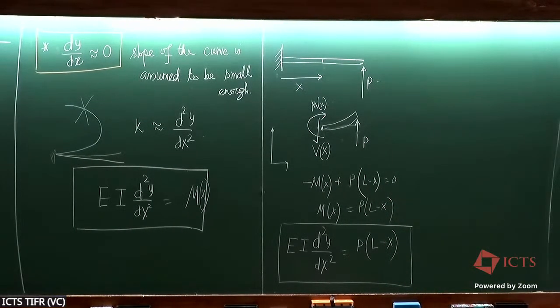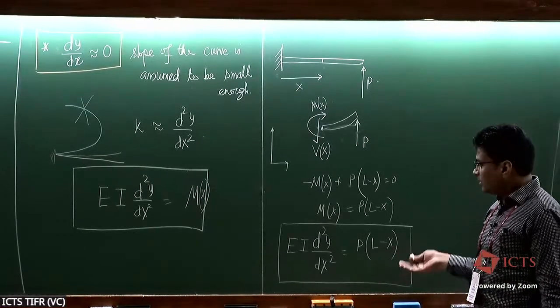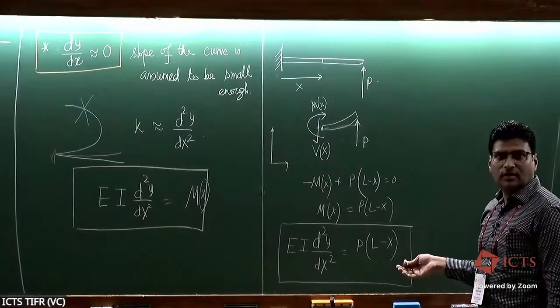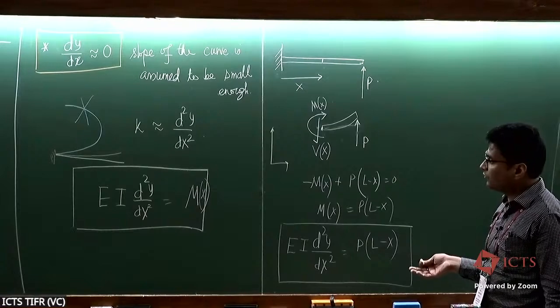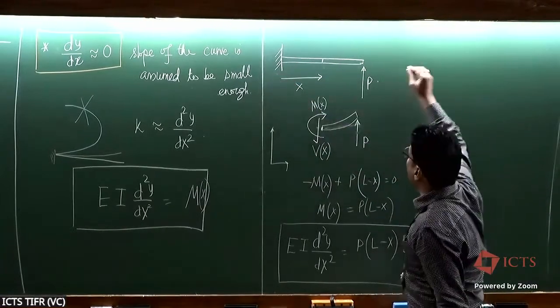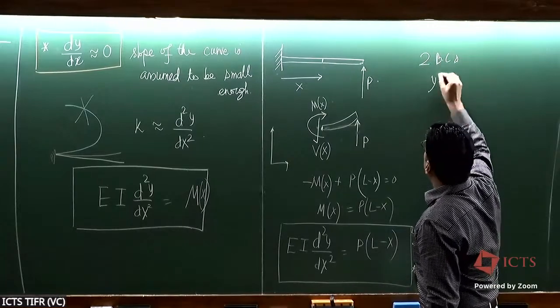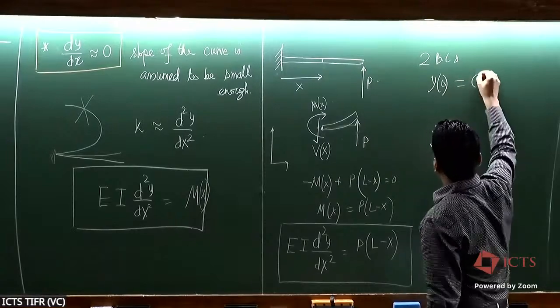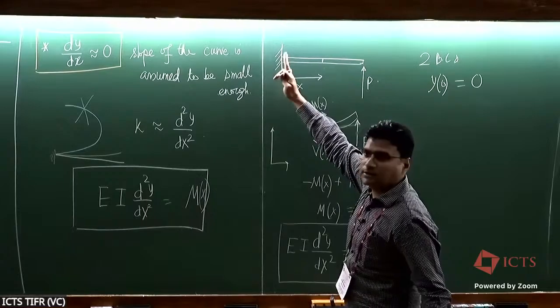Okay, and then if you want to solve this, it's a second order ordinary differential equation. It will require two boundary conditions. And where do you get them from? It's from the built-in end, where you say that y of 0 is equal to 0. And also look at the cross-section. The whole cross-section is built in.